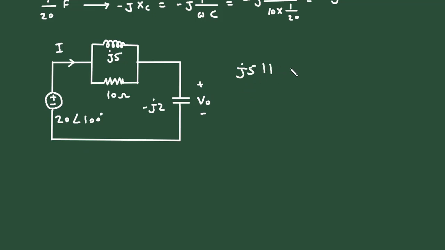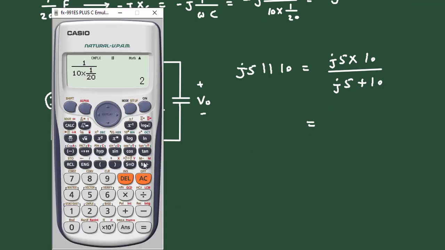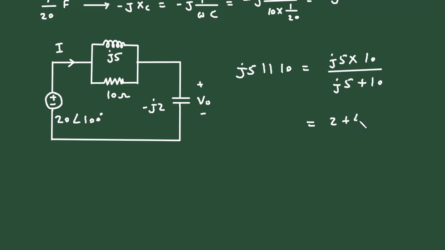So j5 parallel with 10 will be j5 into 10 divided by j5 plus 10. So it is 2 plus 4j.